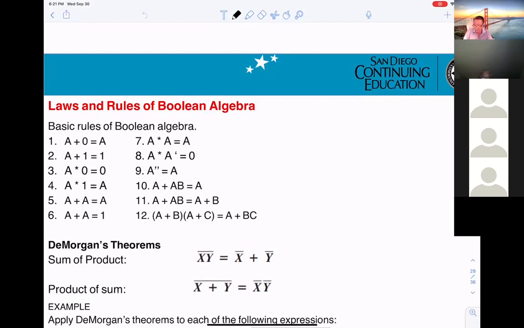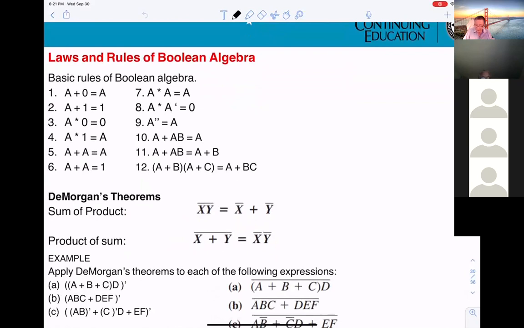Okay, now you understand a variable, right? We already know.